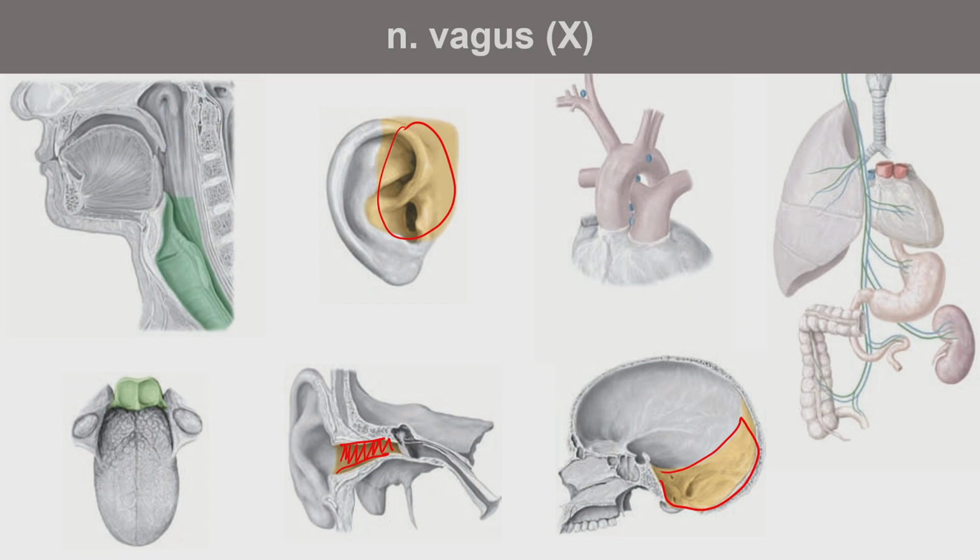Then we have important motor innervation of the muscles in the lower part of the pharynx, then esophagus, then laryngeal muscles, and then we have taste. Taste is localized in the epiglottis and around.